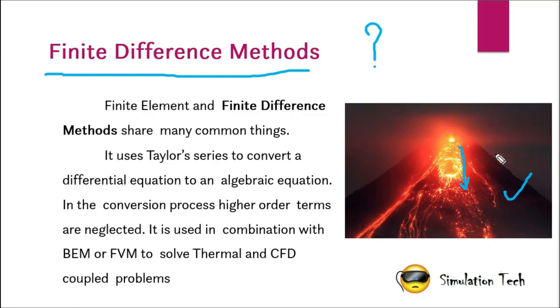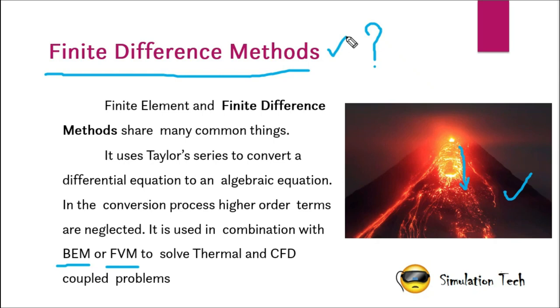In this example, I need to analyze how much vibration is produced while blasting, and I also need to analyze the flow of that lava. So here we have two cases: one is the vibrational study and the other is the flow analysis of the lava from the volcano. For that I need BEM as well as FEM, so I can directly go for the finite difference method.